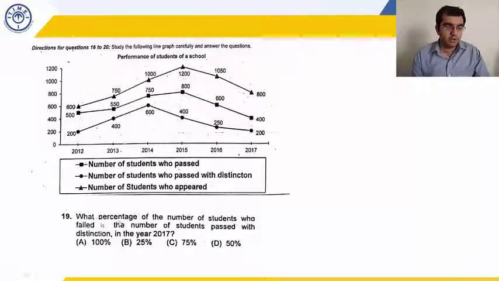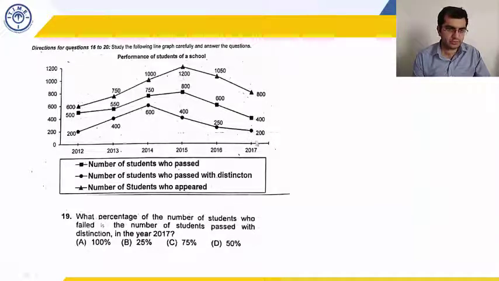So what percentage of the number of students who failed? This is the denominator. I made a small change in the language, so you can correct that in your question. Is the number of students who passed with distinction in 2017?